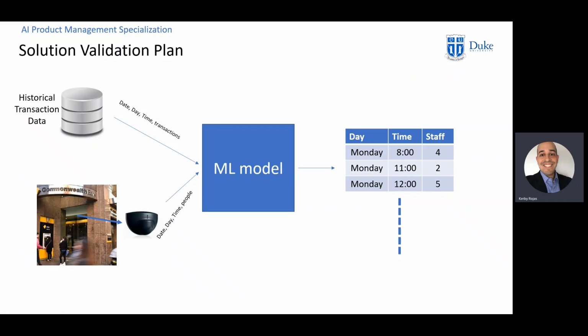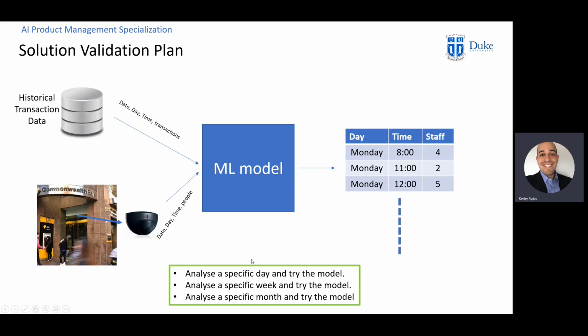The way to validate is to analyze a specific day and try the model. If the model works and the lessons have been learned, analyze a specific week and try the model. If everything goes well, analyze a specific month and try the model. If everything is successful, we could say that the model will work and be used for the whole year.